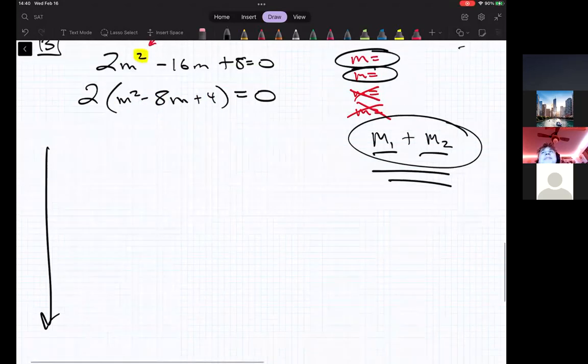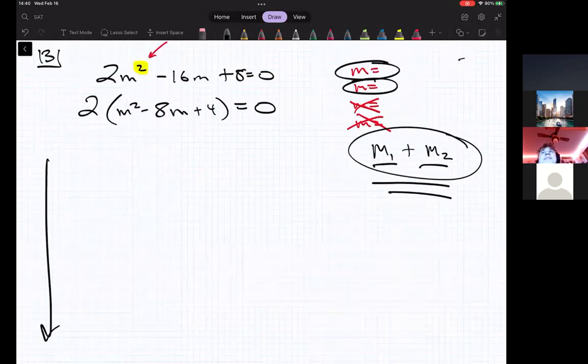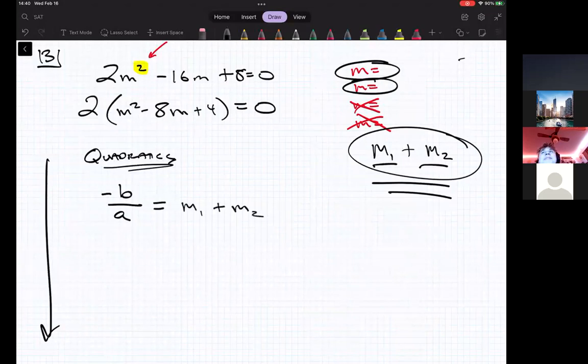The trick is this. If I ever have a quadratic, and this works specifically for quadratics, what you want to do is take the opposite of the b value and divide it by the a value. And that's it. That's what your two values are going to add up to every single time, okay?